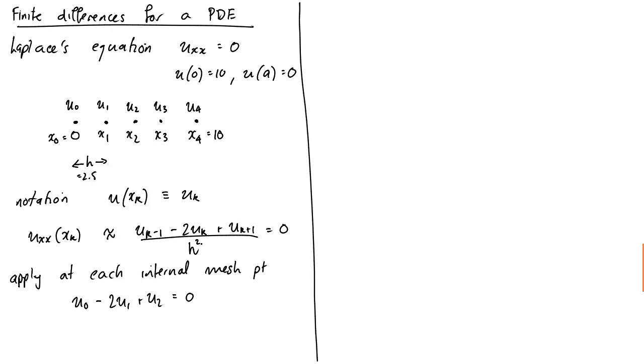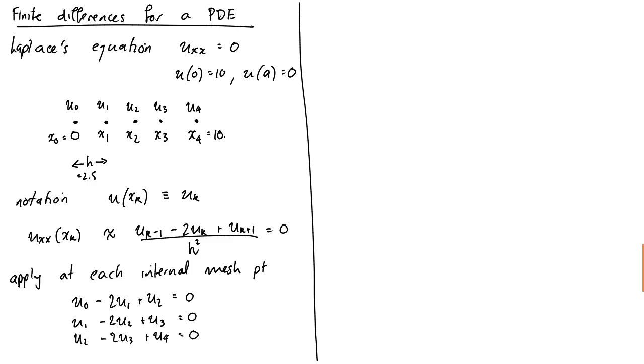Notice I've not written down the h squared because we can just multiply that out onto the right hand side. Second one, u1 minus 2u2 plus u3 equals 0, and u2 minus 2u3 plus u4 equals 0.